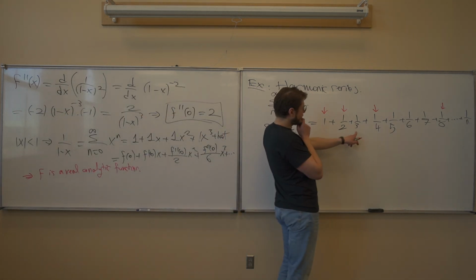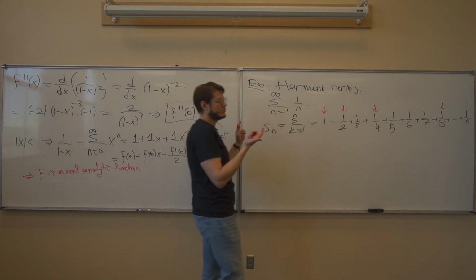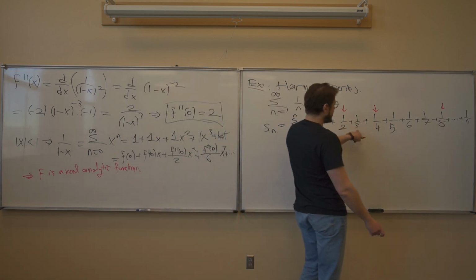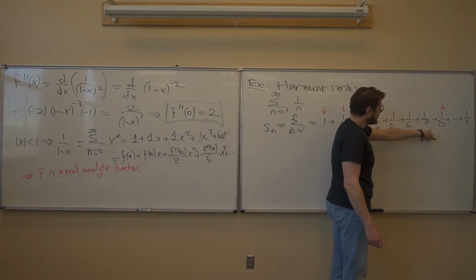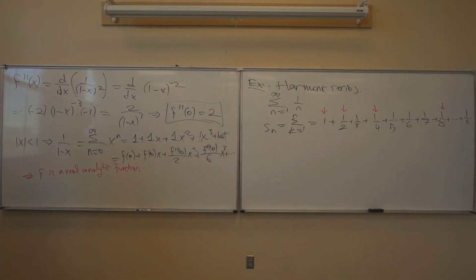Now, instead of 1 over 3 here, if I had 1 over 4, the partial sum would decrease, right? Because 1 over 4 is less than 1 over 3. So if I were to replace 1 over 3 by 1 over 4, this would decrease. And likewise, I could replace this, this, and this by 1 over 8. Again, I would have the partial sum decrease.